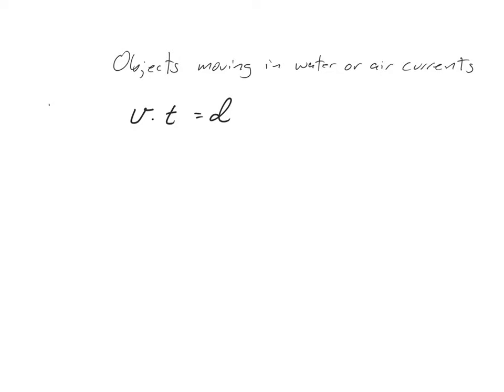Wouldn't that be 200 miles? Yeah, that's correct. And so I just want to demonstrate that the formula actually does work, right? Velocity times time equals distance. So that's going to be something we need to hold on to.